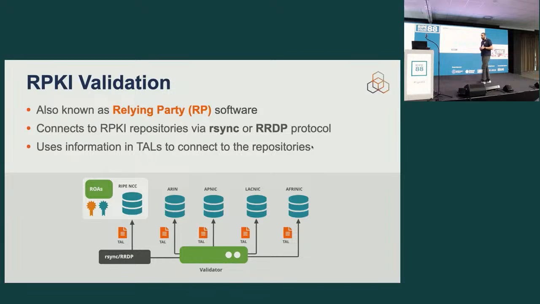The validator will have something called a TAL, Trust Anchor Locator. You remember we said earlier that the trust in the RPKI system is based on the 5 RIRs, which are called the trust anchors. So the validator should have access to these 5 trust anchors.